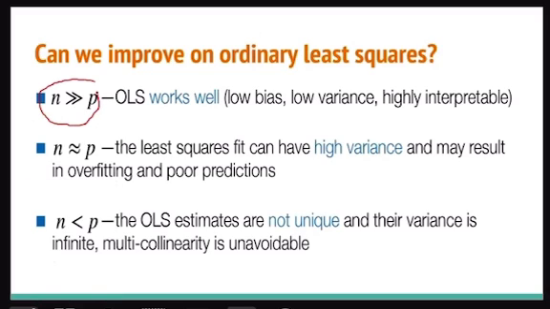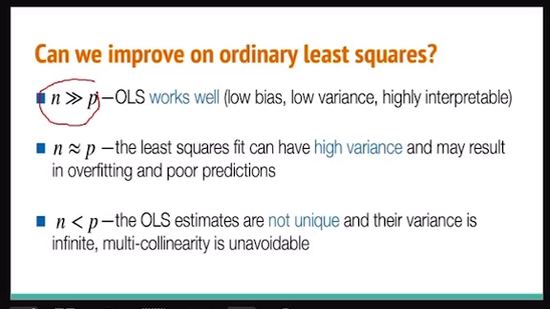N is the number of observations. P is the number of explanatory variables. In a situation where the number of observations is much more than the number of explanatory variables, of course, the OLS works well. The other time, I was using data on Rate My Professor, the number of observations was 366, and maybe you have 5 independent variables.